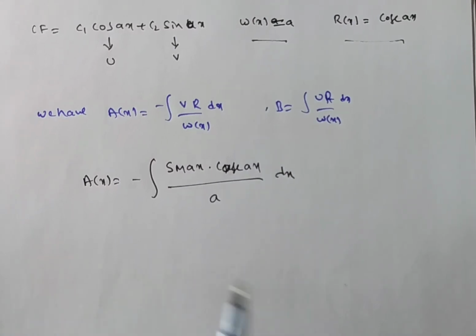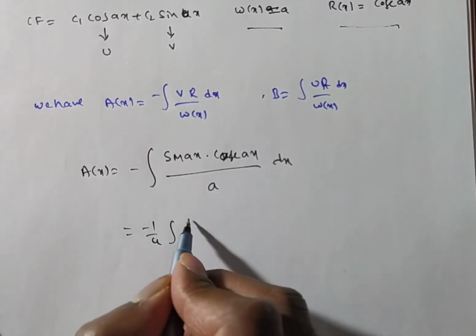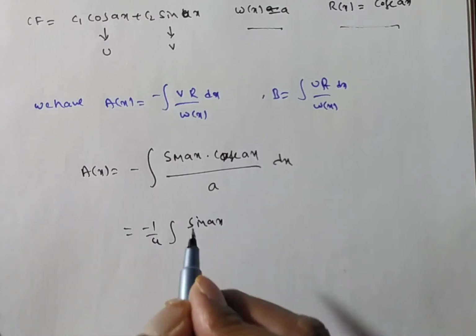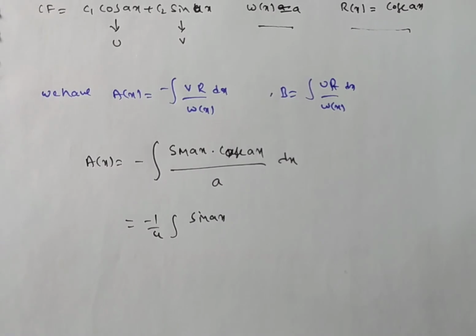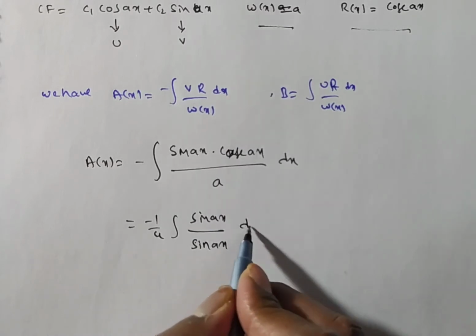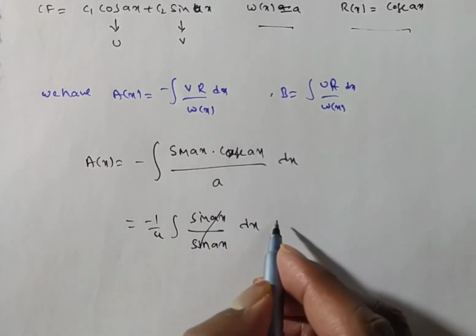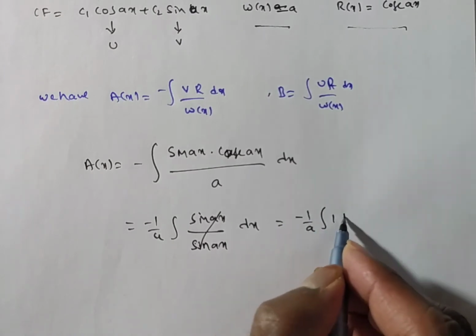So here you observe this 1 by a I can write outside. Minus 1 by a times sin ax. Friends, cosecant ax, how can you write it actually? Cosecant ax you can write as 1 by sin ax, yes or no? Into dx. So numerator and denominator get cancelled. Then you will have minus 1 by a into 1 dx.